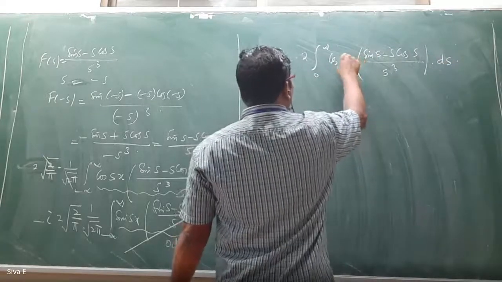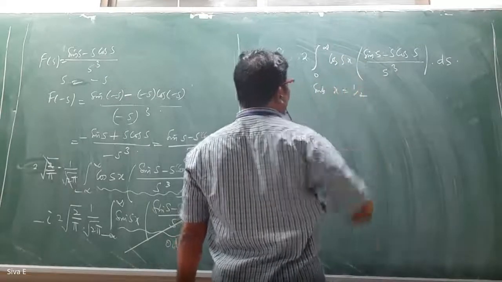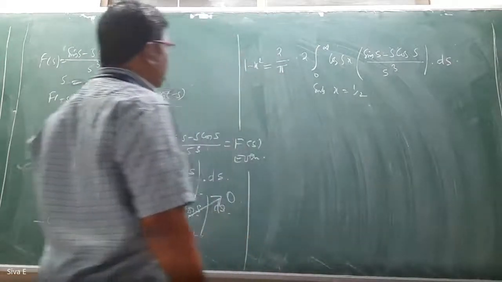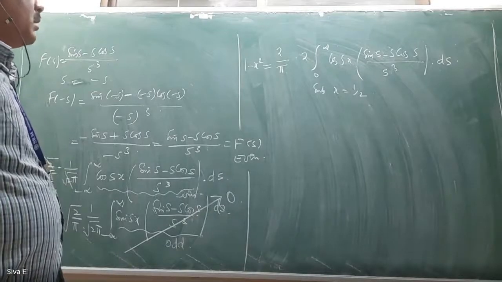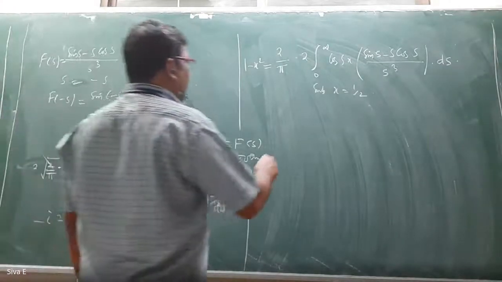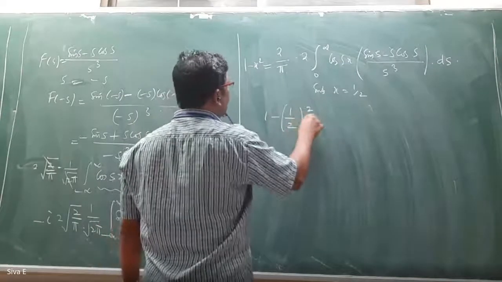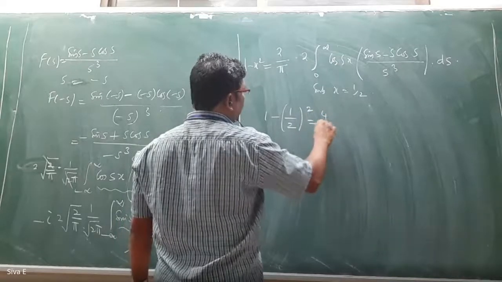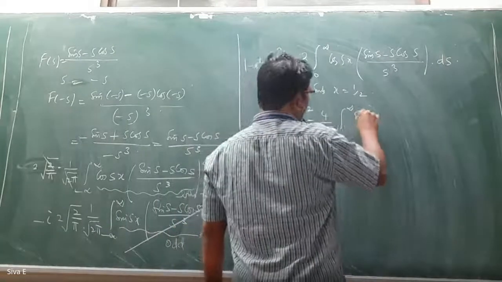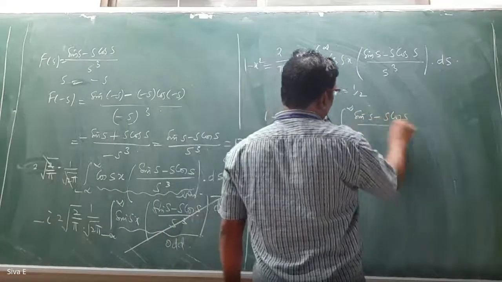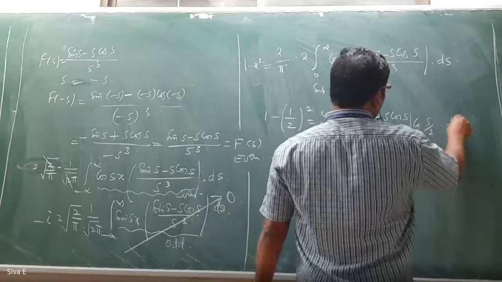So when we get cos s by 2 here, if you substitute x equal to 1 by 2, we will get cos s by 2 there. Therefore, 1 minus 1 by 2 whole square equals 4 by pi integral over 0 to infinity (sin s minus s cos s) by s cube, cos s by 2, ds.